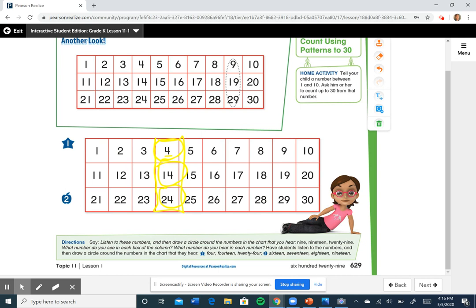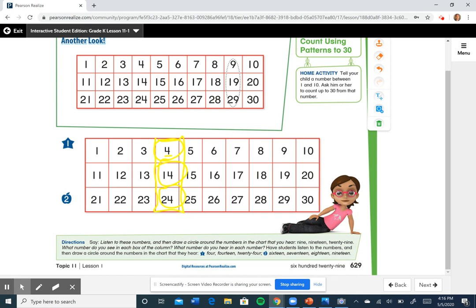Now, listen for the row that I'm going to say. I'm going to say some more numbers, and I want you to circle these now. 16, 17, 18, 19. You need to circle those numbers. 16, 17, 18, and 19. So teen tells me that there are 1s in the beginning.